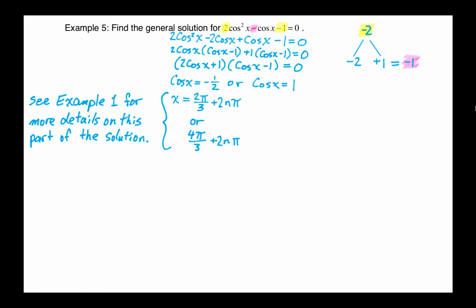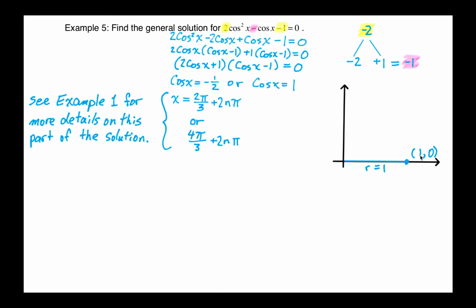So for the other part, where is cosine equal to 1? Well, that happens when the angle is 0. So you'll notice that when the angle is 0, here is the terminal arm. It's on the positive x-axis. I've picked a point on the terminal arm of the angle in the standard position.